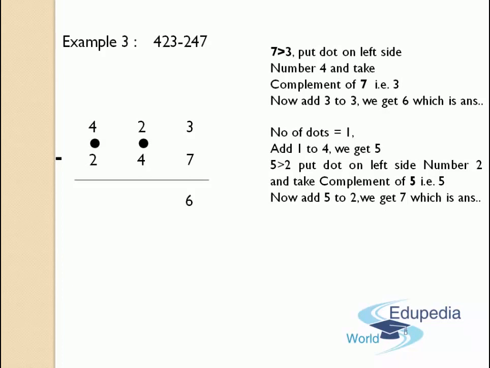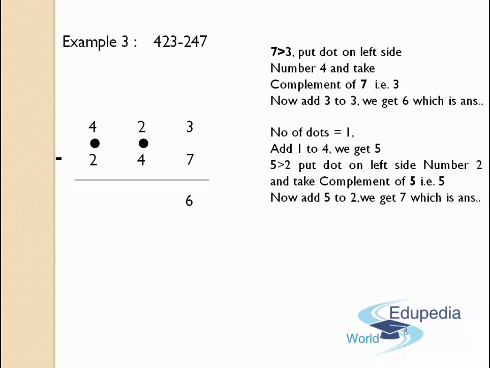After keeping the dot on top of the number 2, you come back to the previous column, that is the tens column. Now here the below number is 5. Why? Because we have added the count of dots to the number 4, and therefore the number now present is 5.